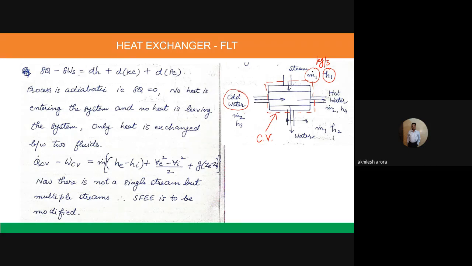Its mass flow rate is m2 dot, and its enthalpy is h3. And what is leaving? We have the hot water, which is leaving. Because it is the m2 mass of the cold water and it is only coming in contact with the steam, its mass flow rate will not change. Its mass flow rate remains m2. Whereas, because there is heat transfer from the steam, this is the heat transfer which is taking place.